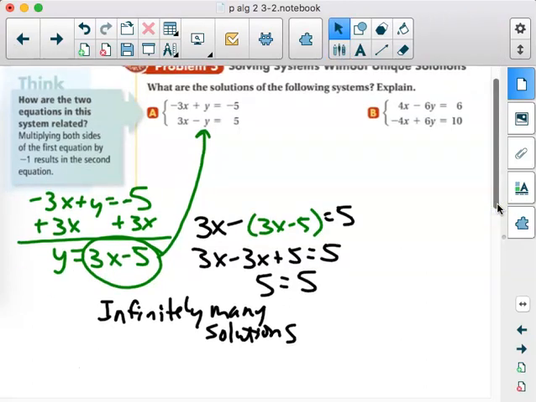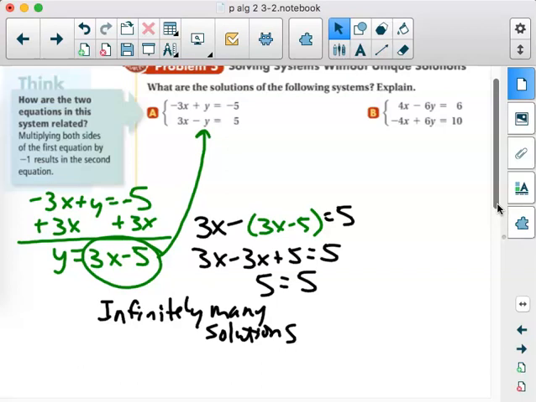I remember from a few days ago that these were actually exactly the same line, because one line is right on top of the other and they will always intersect. We could have told that if we'd solved both of these for y, because in y equals mx plus b slope-intercept form, we would have had exactly the same equation. But algebraically, as soon as we get something that makes total sense and is always true, we write infinitely many.